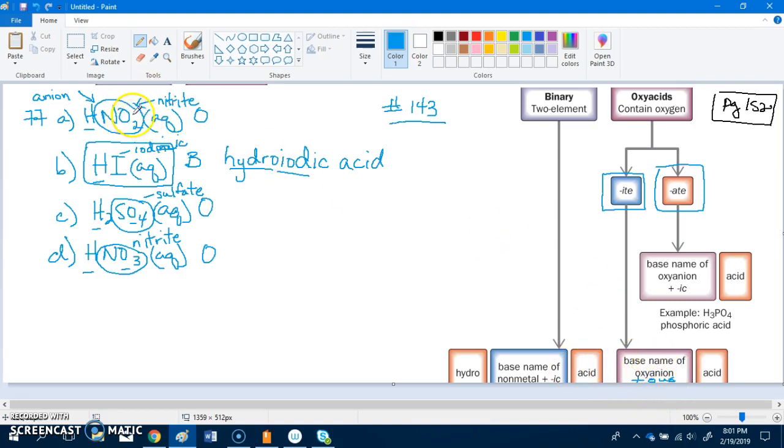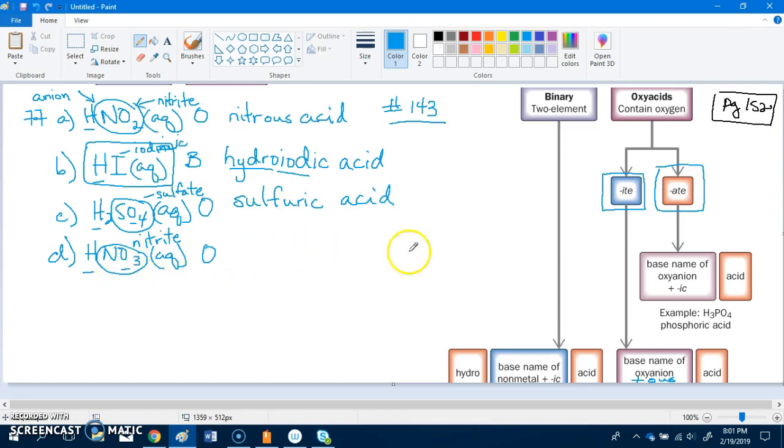Let's go back up and look at how each of these polyatomic ions ends. For this first one, I have nitrite, so it follows the ITE convention and becomes nitrous acid. For H2SO4, we have sulfate, so we follow the ATE convention: ate becomes ic, so I'll have sulfuric acid.